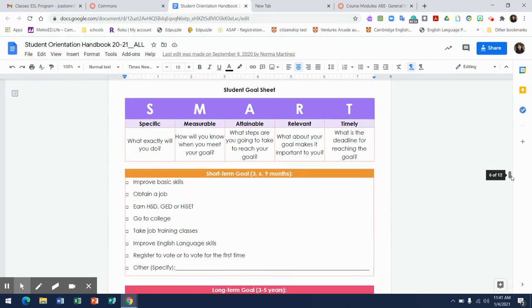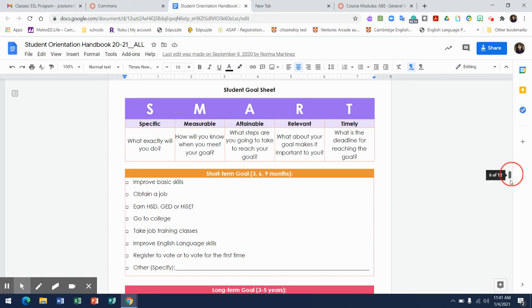And so every student at every level should have a goal sheet because we teach adult ed students. So even if they're in medical assisting or HVAC or ESL or ABE, GED, high set, they should all have a SMART goal worksheet.